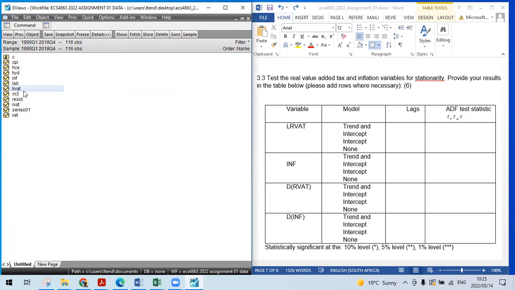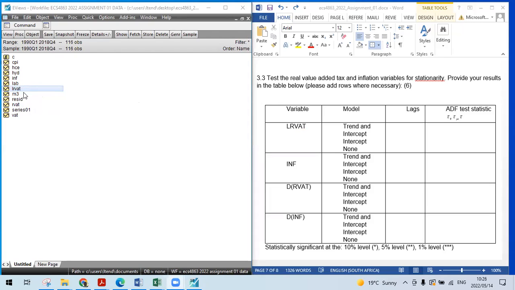So I have LRVAT. Let's now test for stationarity, because this is what we are looking for. It's not just RVAT, but the logged one. That's what we want to use. So let's quickly do it. We are testing for stationarity.